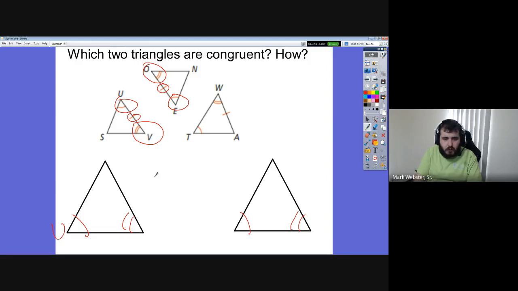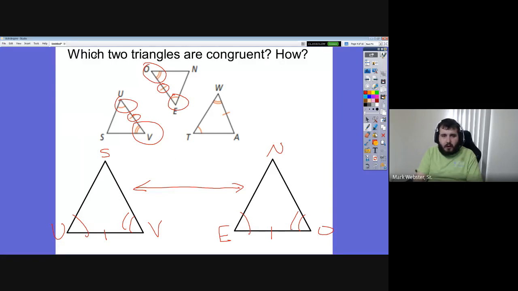That's U. The letter for the 2 angle is V. And the other letter is S. And I see that the side is in between U and V. The letter for the 1 angle here is E. The letter for the 2 angle here is O. The other letter is N. And where's the side? In between O and E. Hey, see how these are identical to each other? This is what we're talking about. I know that these two triangles are going to be congruent.